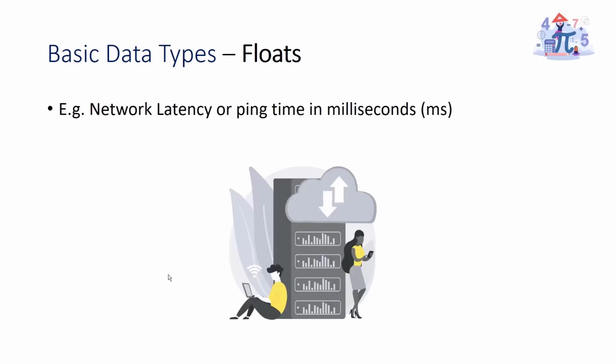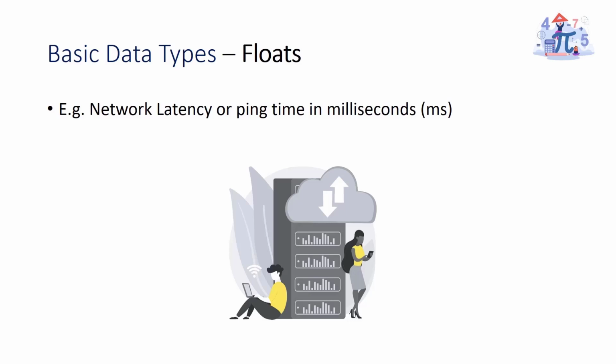Floats. Floats, short for floating point numbers, are used to represent a real number with a decimal point. For example, think of measuring network latency or ping times in milliseconds. Ping times can vary and are often represented as floating point numbers to capture the precision of the measurement. For instance, when you're checking latency to a nearby server, you might get a ping time of 5.2 milliseconds.